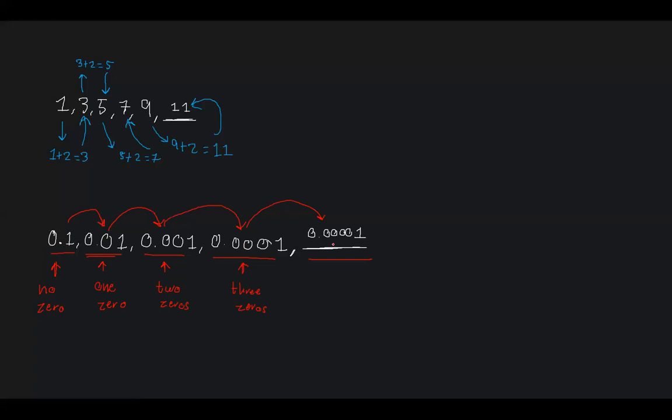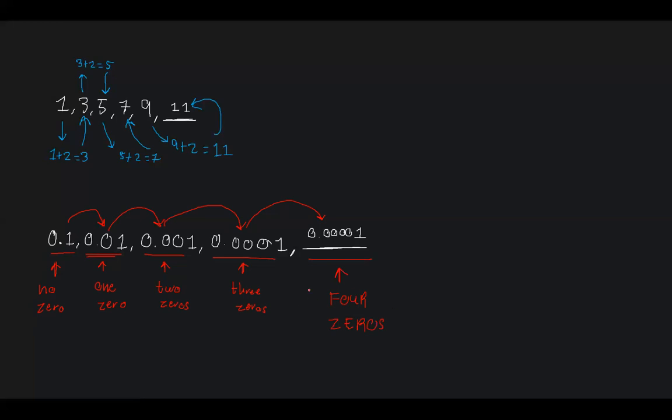Therefore, if we're going to add another 0, we're going to have 4 zeros. So you see the pattern here? If we proceed on getting the next term, we're going to put one more zero.